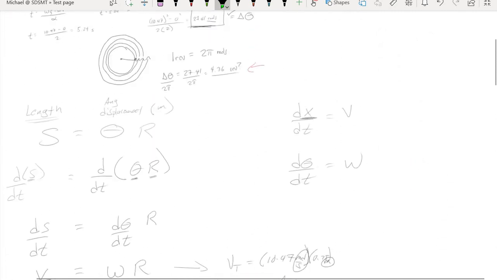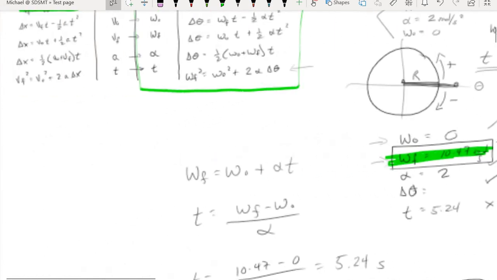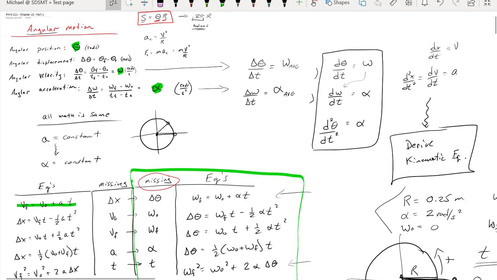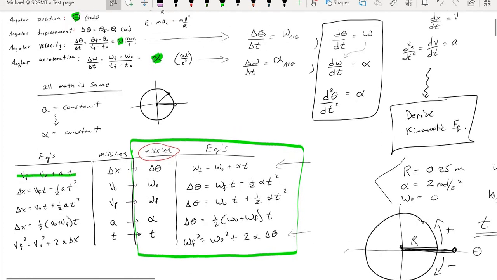But all of the math that goes behind the kinematic equations that we've derived and the definitions of angular motion, position, displacement, velocity, acceleration is all the same that we've been using this whole time. We just have different letters and different units that we need to get used to.